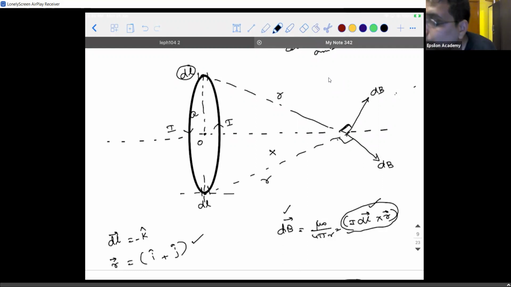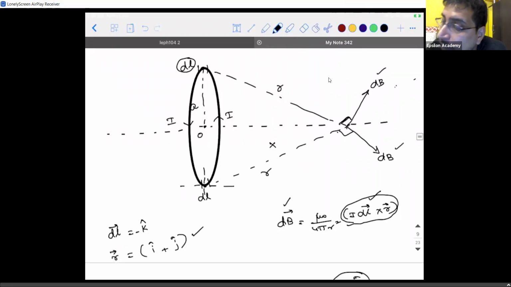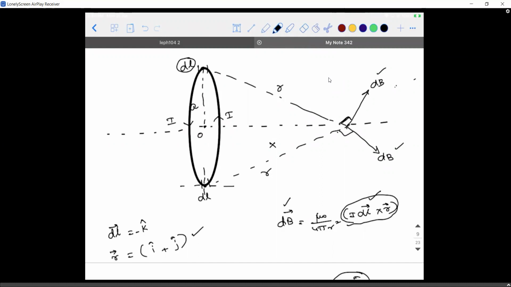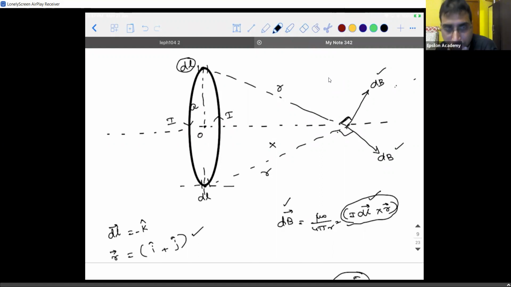Right? So if this is over, please make a note till this point. This is the direction of dB, this is the direction of dB due to the lowermost vector. So give me a confirmation. Is everyone clear with this? Sir, in the first case, R is in which quadrant? The R in the first case is going into the fourth quadrant.